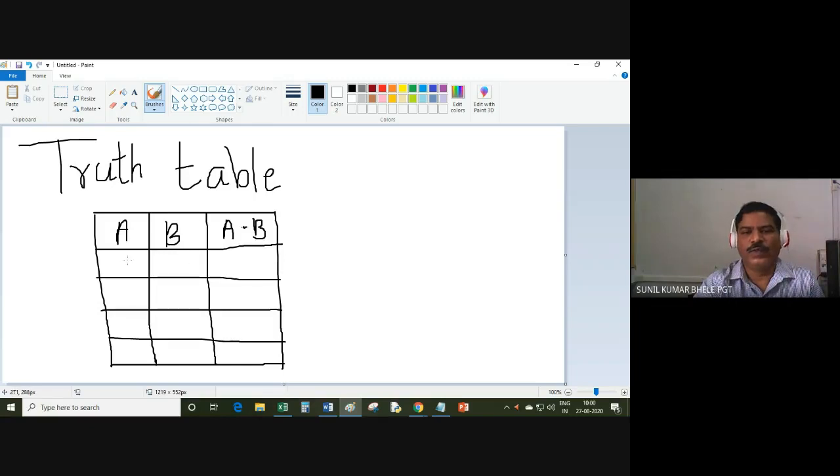If both inputs are 0, the output will be 0. If one is 0 and the other is 1, the output will be 0. If the first is 1 and the other is 0, the output will also be 0. If A is 1 and B is 1, all the inputs are 1, so the output will be 1. So this is the truth table of the AND gate. Draw this truth table in your notebook.